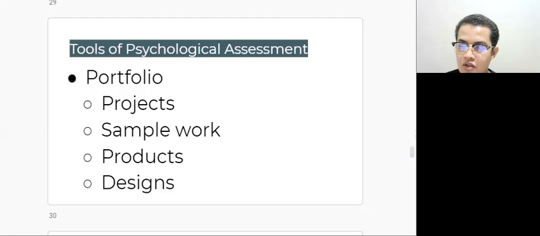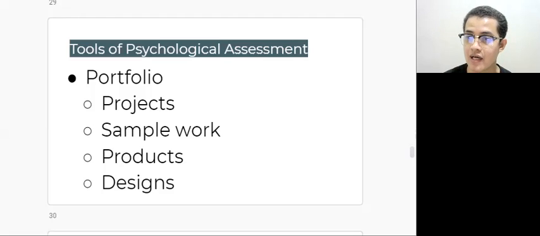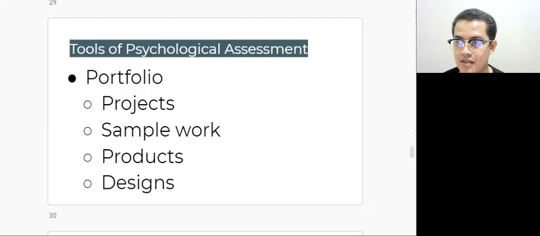For example, a software developer or a web developer might also share sample work, such as a designed web page, a program, or something he developed as his thesis during the undergraduate program. Okay, so this may be included in the portfolio, or a project which he accomplished in one of his courses.